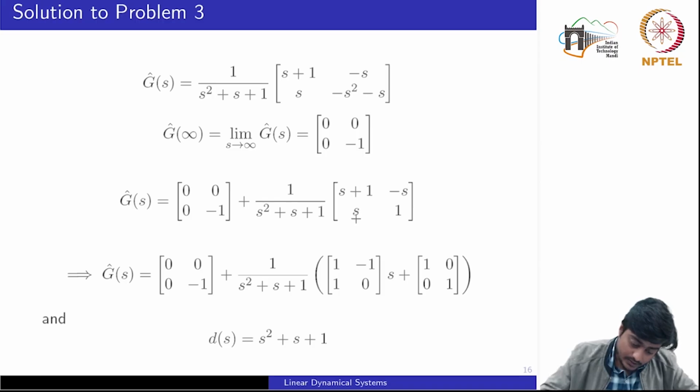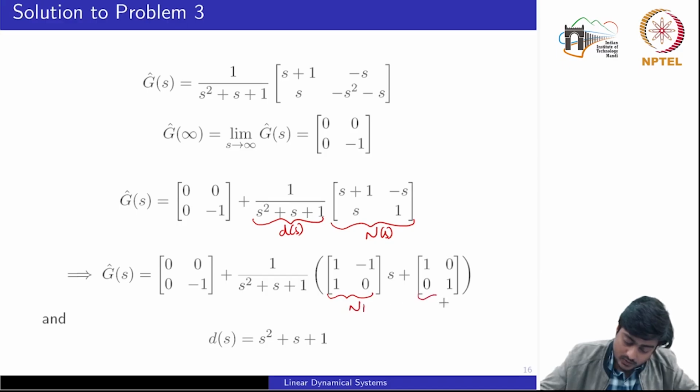So this you can see as n of s, and this part which is in the denominator is d of s. Now this is a function of s. The maximum power here is s to the power 1. So first of all we will represent this constant matrix, which is n1, and this one is n2, as n1 into s plus n2.